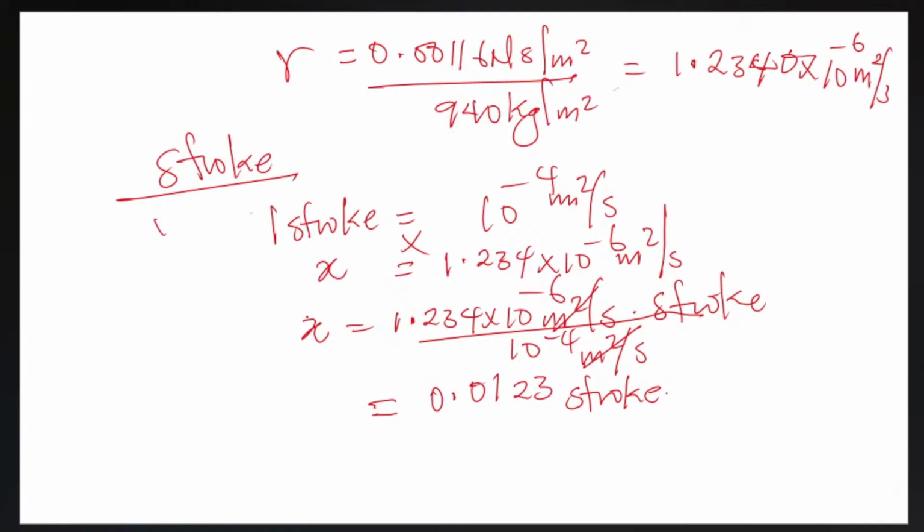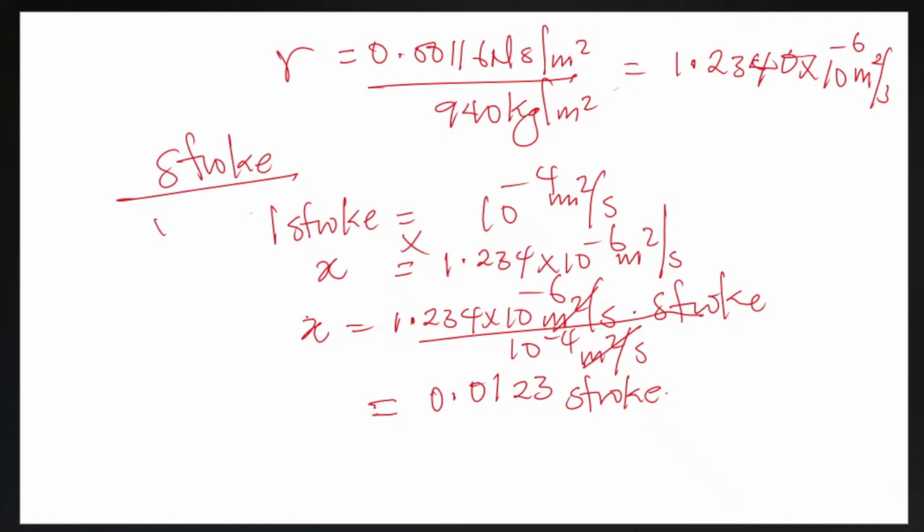So for you to convert your strokes here to centistrokes, we have that x is equal to 0.0123 strokes. So you cross multiply and you get your answer.